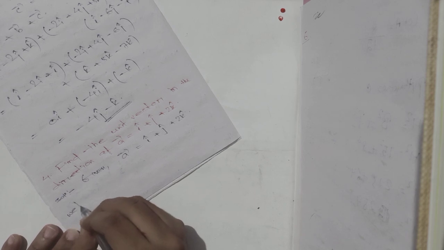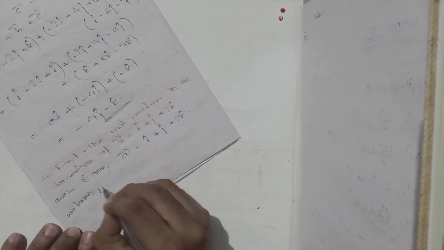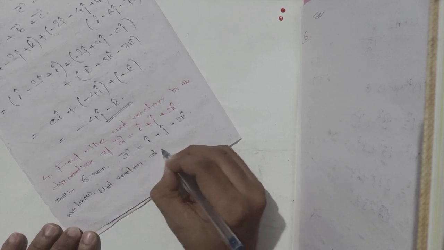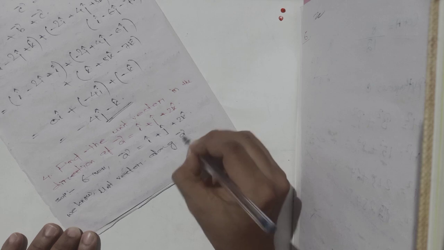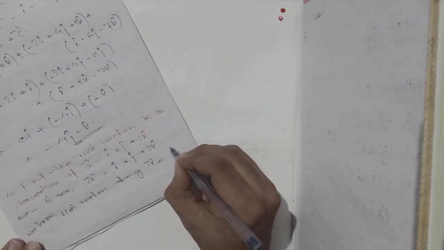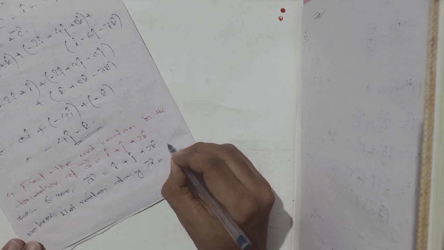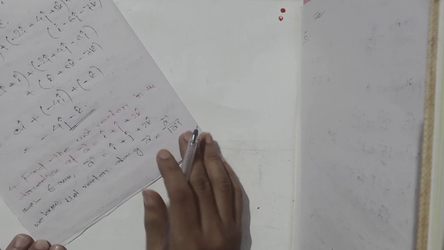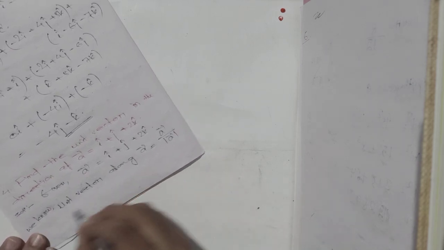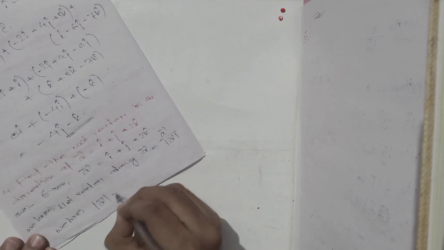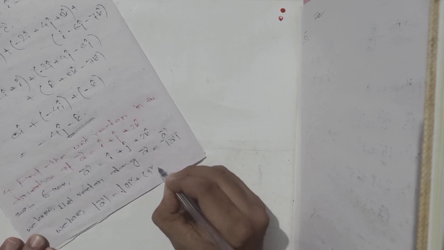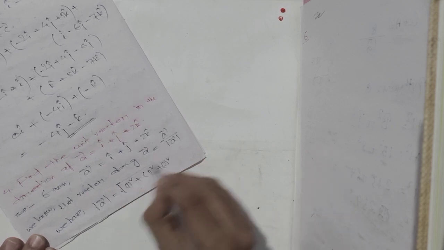We know the unit vector along the direction of vector A, the formula is vector A by modulus of vector A. So we have mod of vector A will be root over 1 square plus 1 square plus 2 square, right?